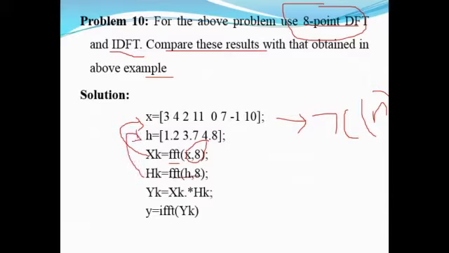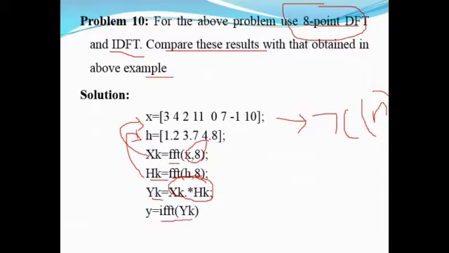Similarly, we find the DFT of it as well, giving us h of k. Then y of k is determined by multiplying these two sequences in the frequency domain. This is how we perform the multiplication, resulting in the DFT of the sequence y of k.